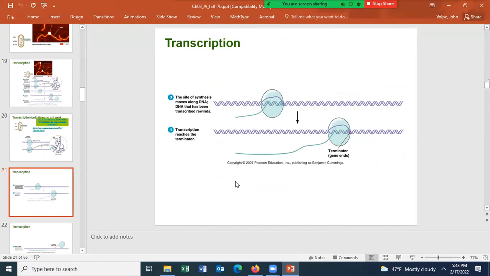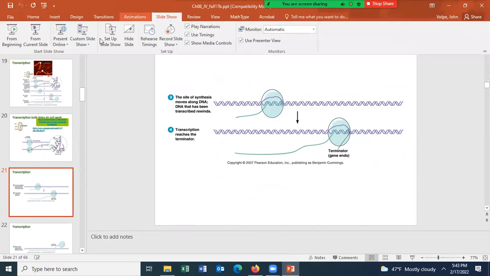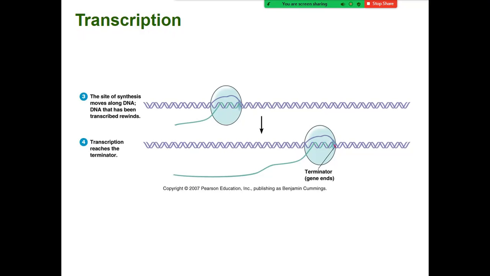All right, so RNA transcription begins when the RNA polymerase binds to the promoter. And the promoter is a place that codes for the polymerase to bind to the DNA.